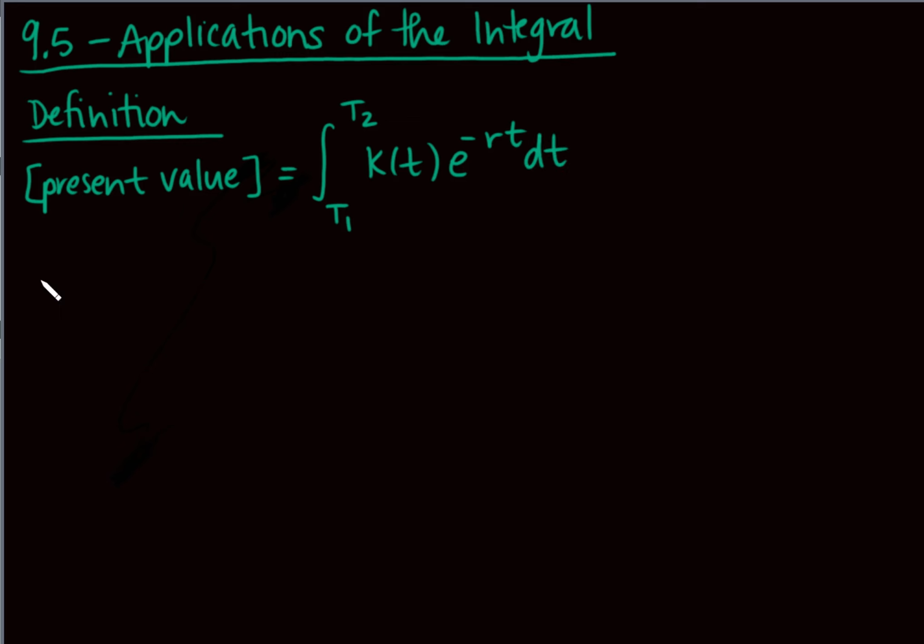Let's define a couple of things here. K of T is the continuous income stream, or whatever we're dealing with, but it needs to be a continuous income stream.